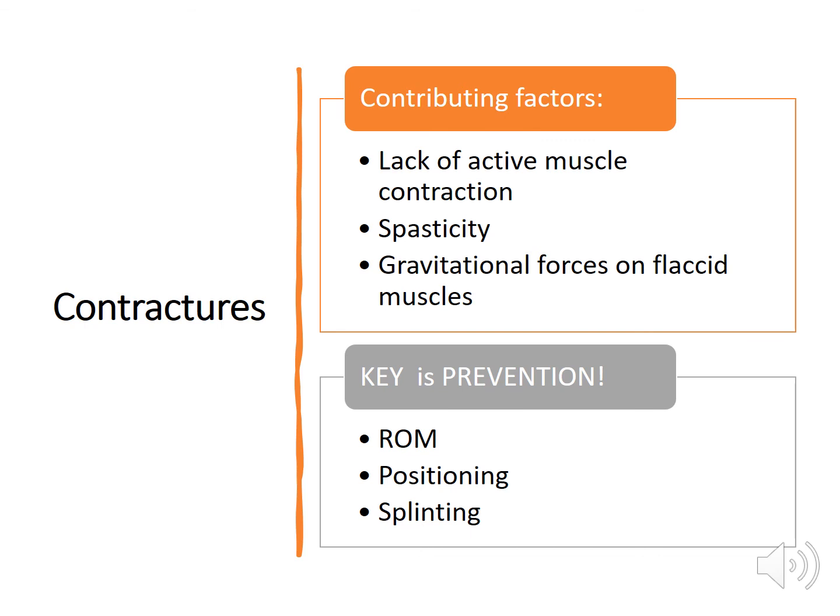So the contributing factors for your patients that present with contractures are going to be the lack of active movement, lack of active muscle contraction, spasticity, or gravitational forces on flaccid muscles that put them in certain positions, and therefore it may lead to the contracture of those muscles. So the key is going to be proper positioning, range of motion, and splinting. So this will prevent the patient from developing these contractures. So very important to know what the prevention strategies are going to be.